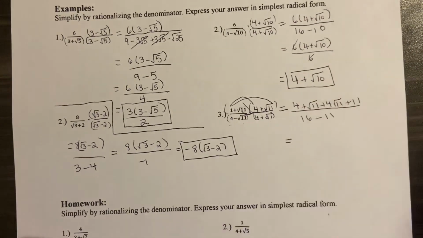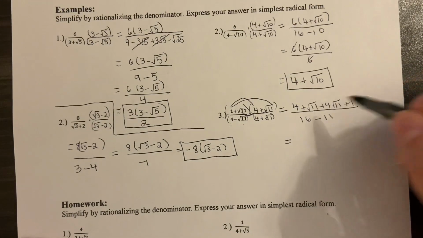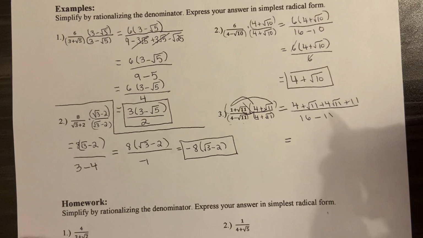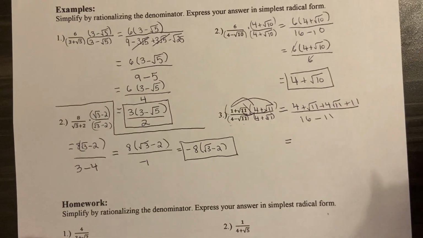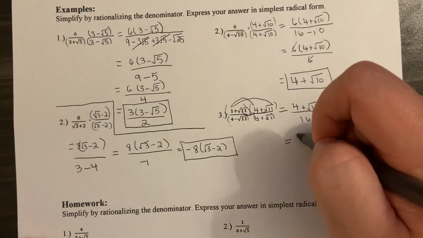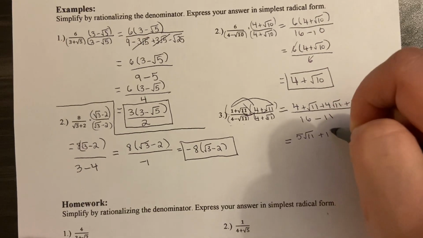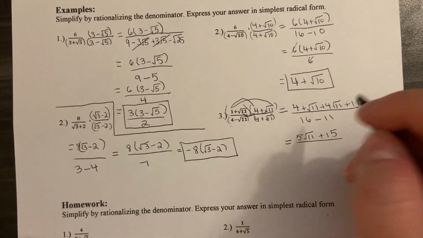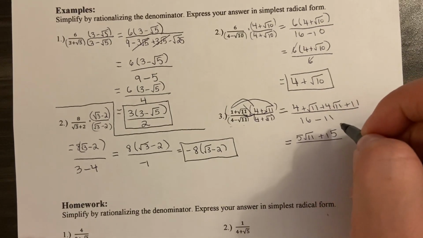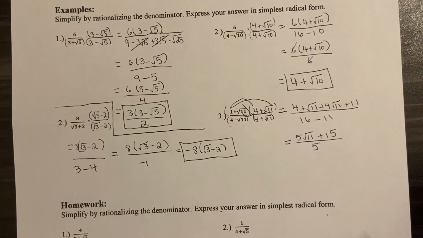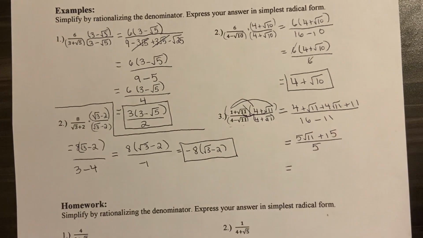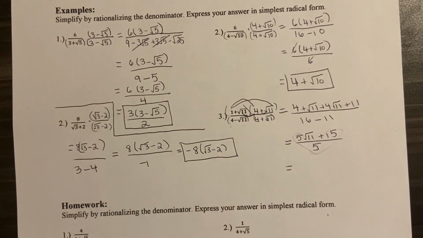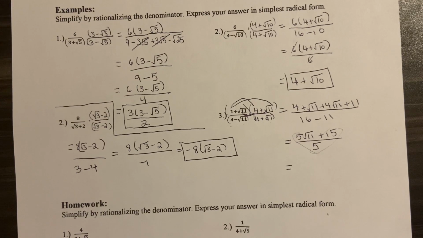So then simplifying the top, it doesn't matter which order, I can just combine like terms. 4 plus 11 is 15, and then this plus this is 5 radical 11. It doesn't matter whether the constant's in the front or vice versa. And then the bottom here, 16 minus 11 is just 5. Now, this would be done, however, if you can divide both these terms by 5 and simplify, then do it.